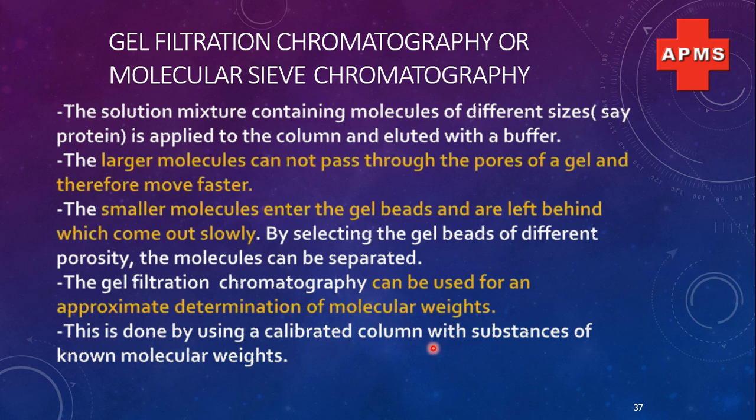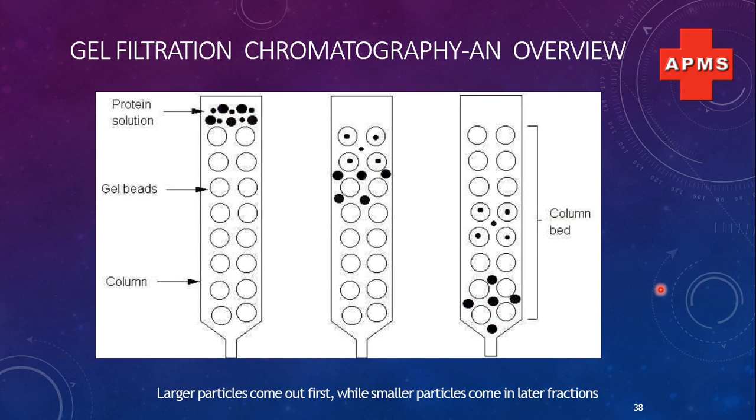This is done by using a calibrated column with substances of known molecular weights. So this is the diagrammatic view of gel filtration chromatography, where a column is shown. This is the top side, this is the inlet and this is the outlet. Here a polymer solution, which is a protein solution, is filled.